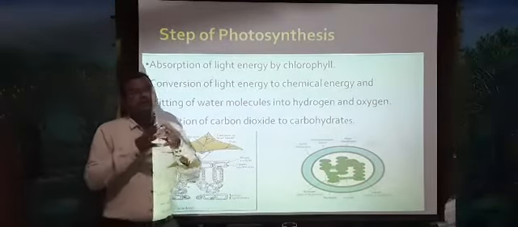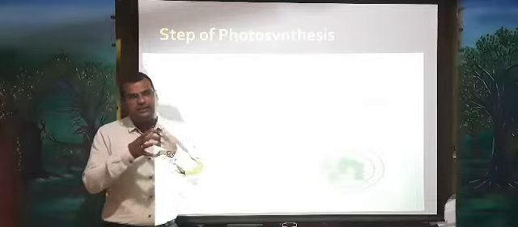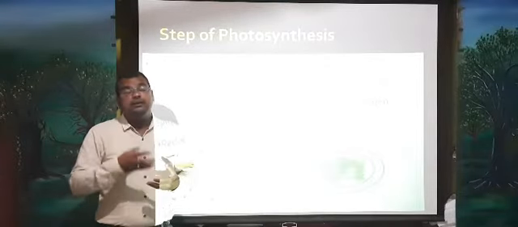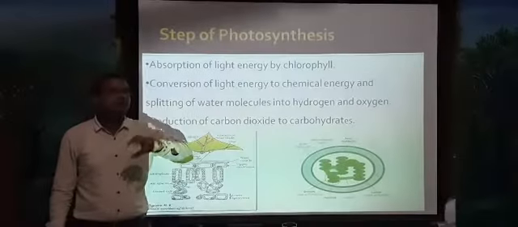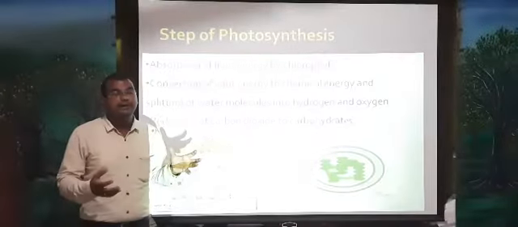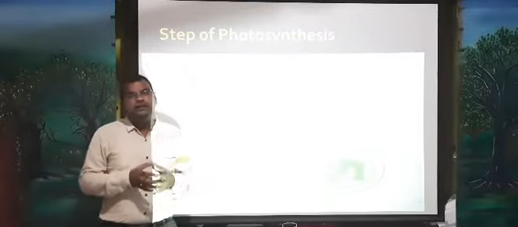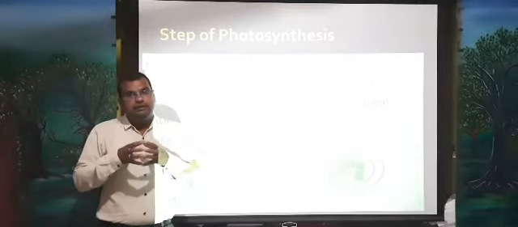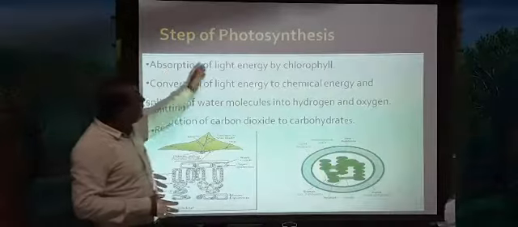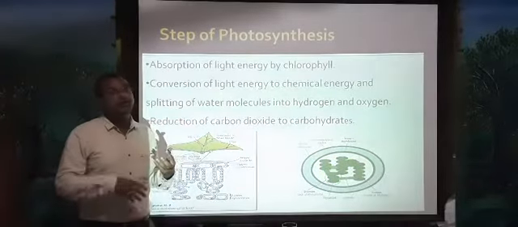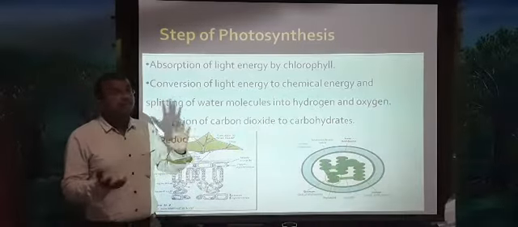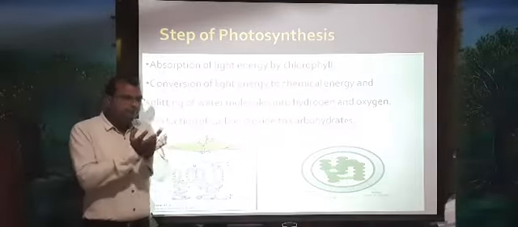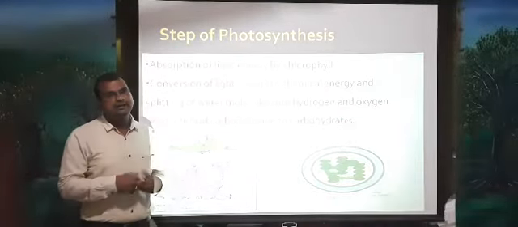In plants living in deserts, the condition is totally different compared to other regions, because in the daytime the sunlight is too much, whereas at night there is no sun. So what do they do? They absorb the sunlight in the daytime, and at night they prepare the food. In the daytime they completely absorb all the sunlight.